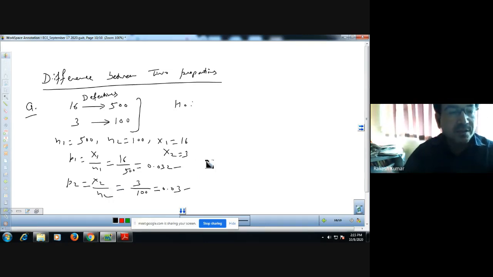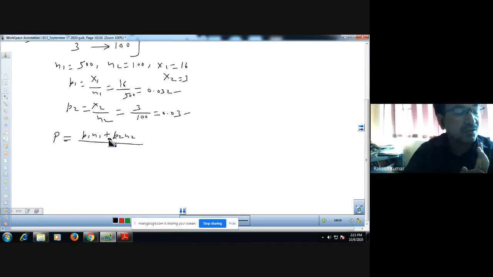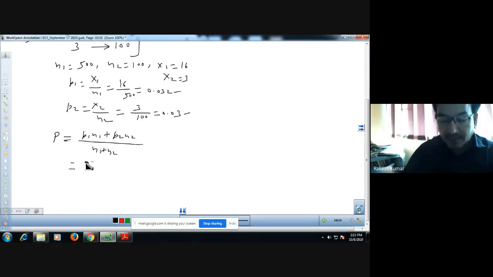After calculating P1 and P2, we can find the probability of the population, the capital P, and the formula is (n1 P1 plus n2 P2) over (n1 plus n2). This is the formula for two samples with different proportions, and the value of capital P will come out to be 0.032.